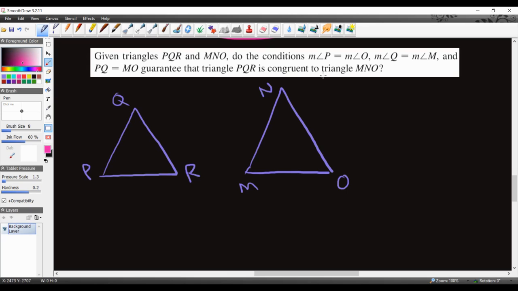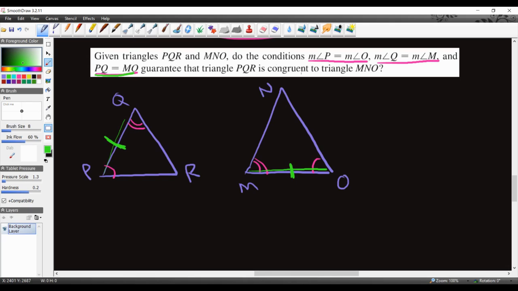Do the conditions angle P equals angle O, so here's angle P is equal to the measure of angle O, measure angle Q is equal to measure angle M, and PQ is equal to MO. So I'm going to do that in a different color just so we can see. So PQ, so that's this piece right here. So that piece is equal to this piece right here.